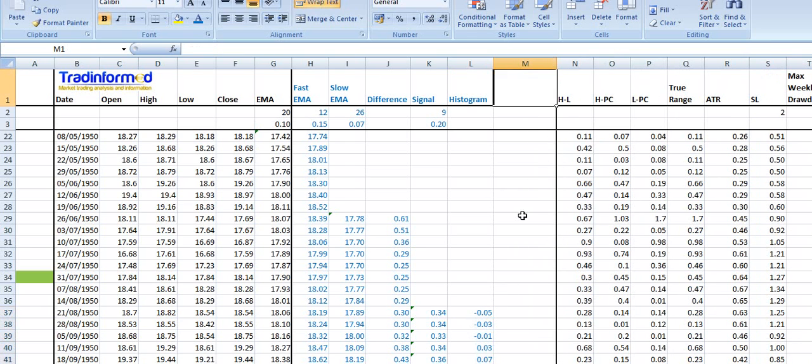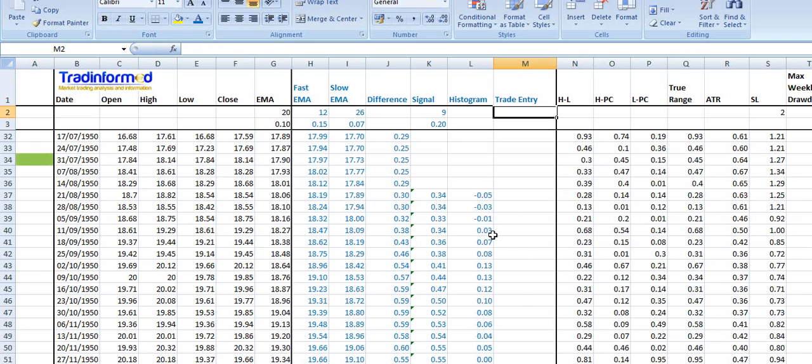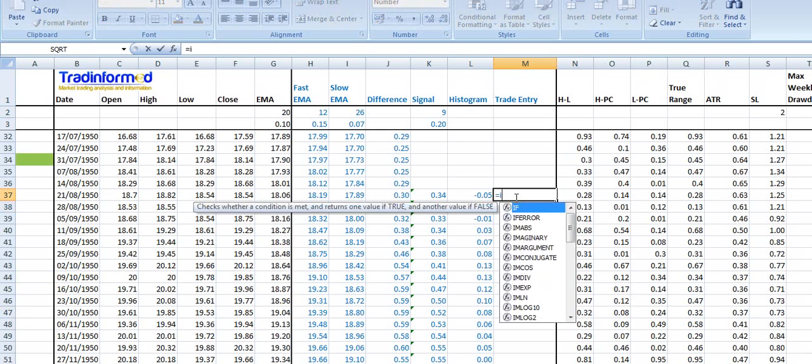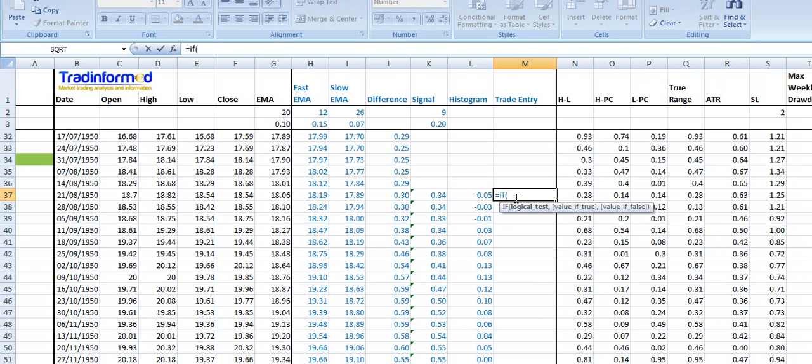So I'm going to put in a final column for our trade entry. I'm going to use an if function here, and the function is going to look at whether or not we've had a crossover of the histogram from negative to positive.